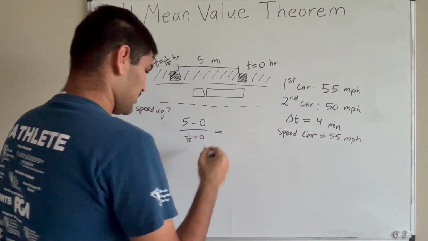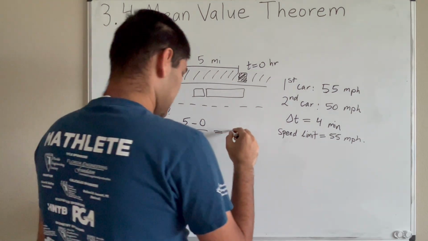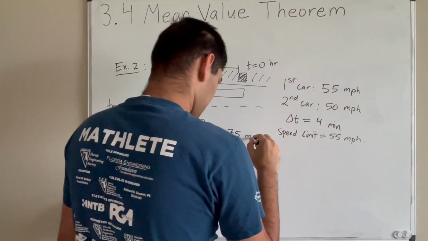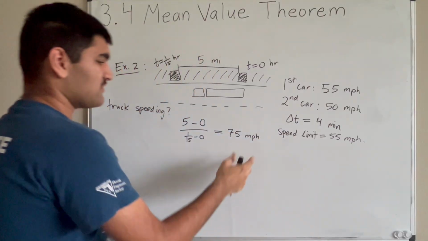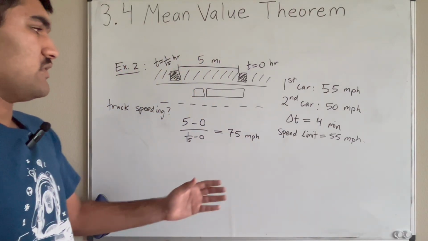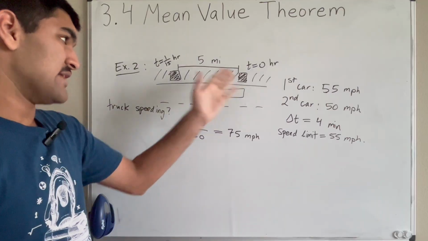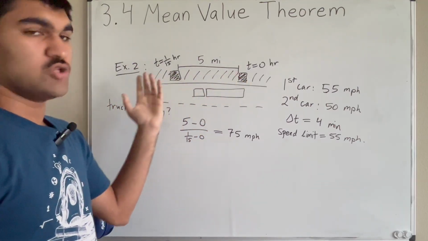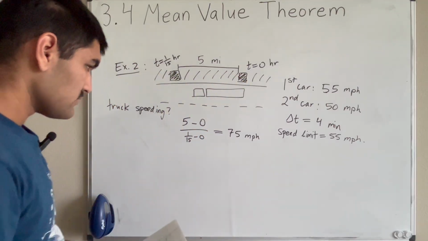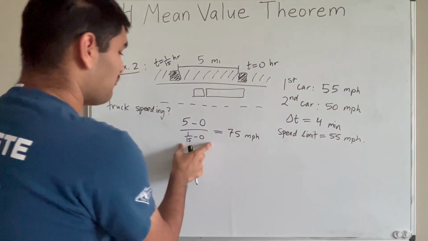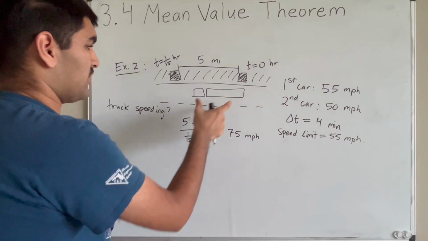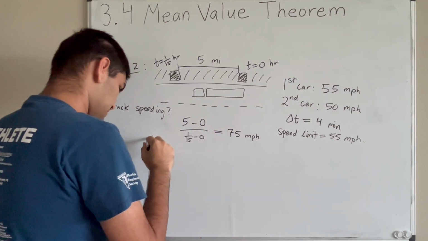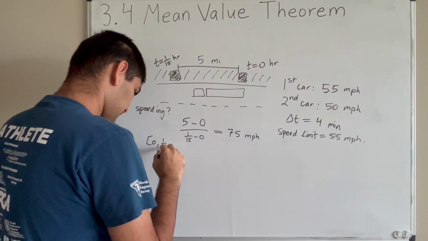All right, so this is equal to 75 miles per hour. So 75 miles per hour is the average speed of the truck as it passes through the two police cars. Okay, so this is the average rate of change of the truck on the interval 0 to 1/15.